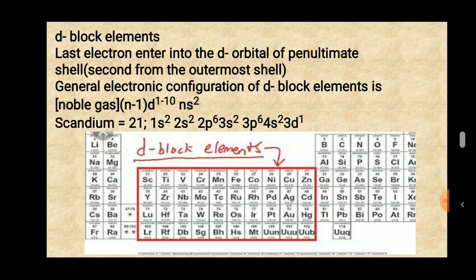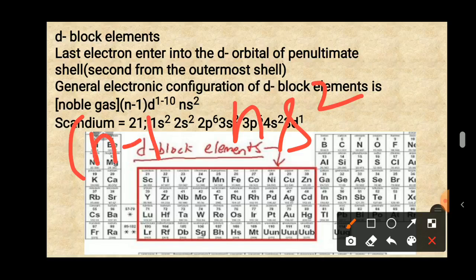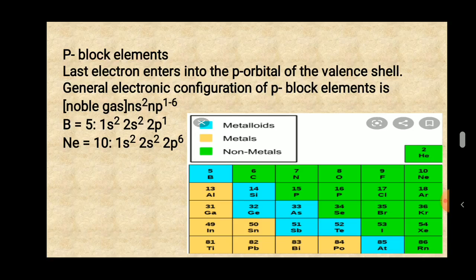So I will write the general electronic configuration: ns2, that is 4s2. Now 3d, how should you write it? It is n minus 1, that is 4 minus 1, which gives 3. That is with respect to the d orbital. How many electrons are filled in the d orbital in the case of scandium? In scandium, only 1 electron is filled here.